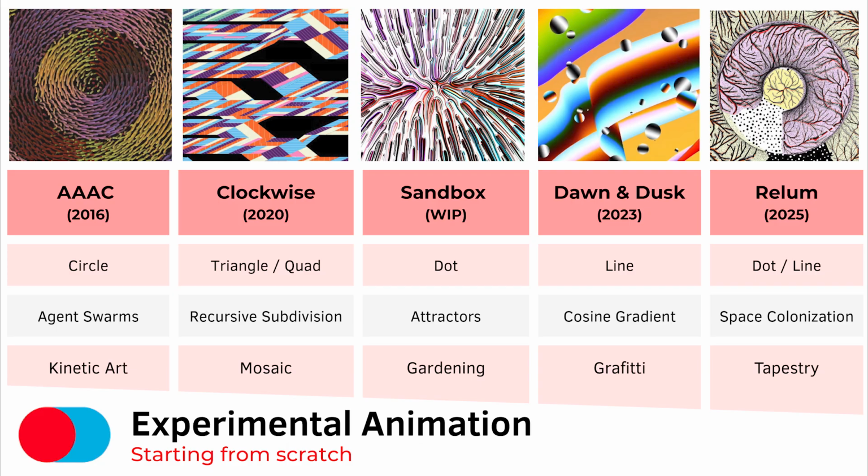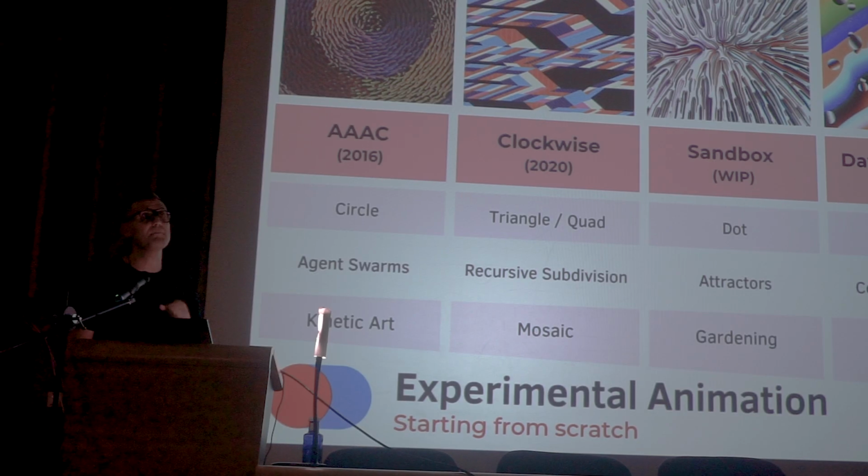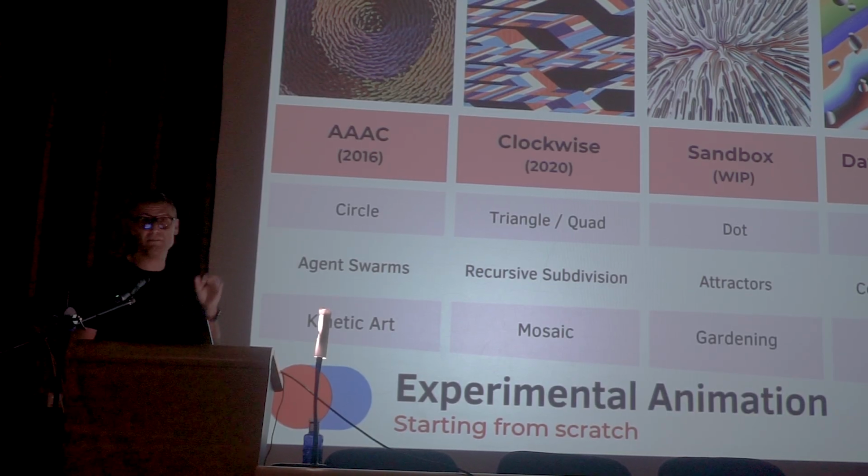I'm going to speak about 6 of my works. You can see that the approach is different. Most of the time I use tiny abstract things: circles, triangles, dots, lines, or a combination of dots and lines. So the approach is very minimalistic. I work at a micro level.